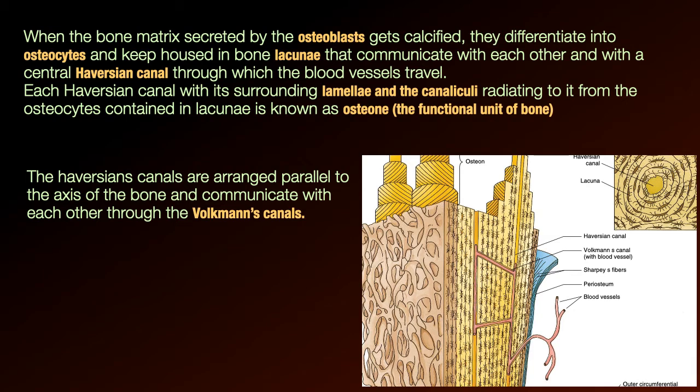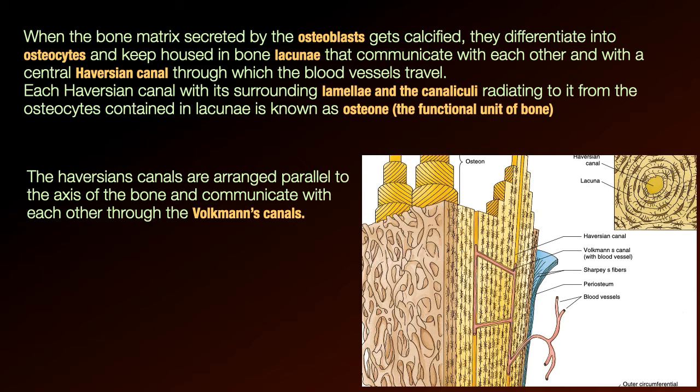When osteoblasts become osteocytes due to calcification of the matrix, those cells stay in what we call a lacuna, and they are in communication with what we call a Haversian canal that houses the blood vessel that nourishes all the osteocytes. Around the Haversian canal, bone is calcified in rings that resemble a cut tree.